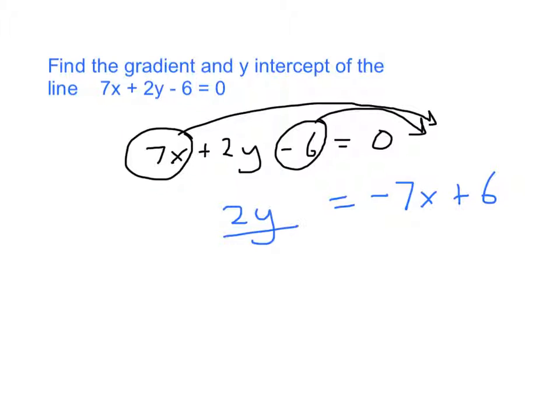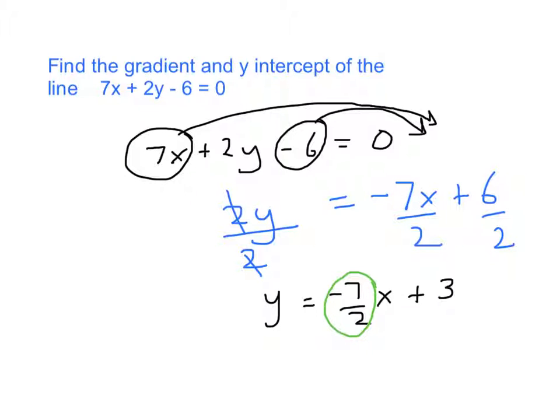Now I have to get rid of the 2, get rid of the 2 on that side as well. I'm left with y equals negative 7 over 2 x, plus 6 divided by 2 is 3. So my gradient is this number here, the fraction is my gradient, and my y-intercept is 3.